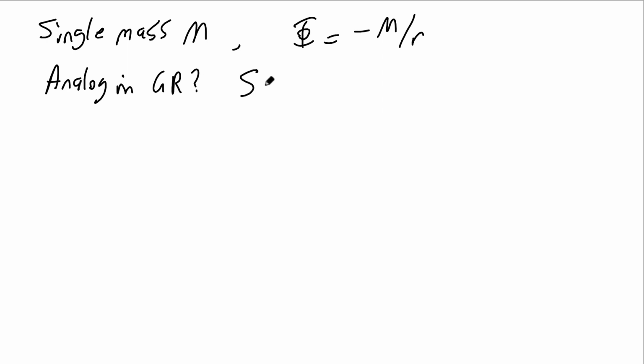Recall the Schwarzschild metric. This describes the geometry outside a spherical, isolated, non-rotating mass.